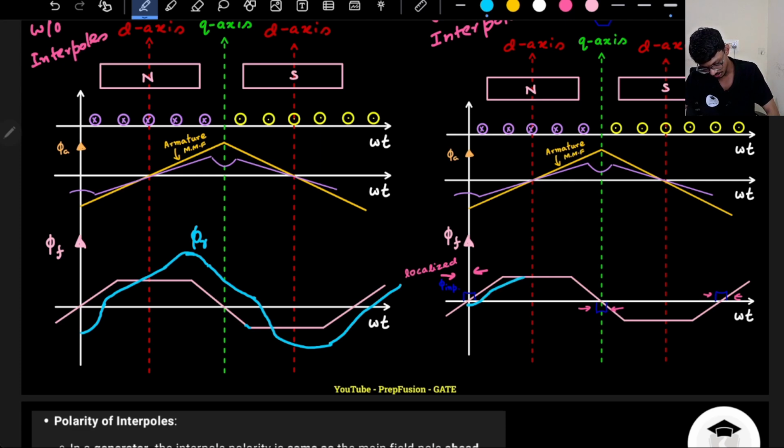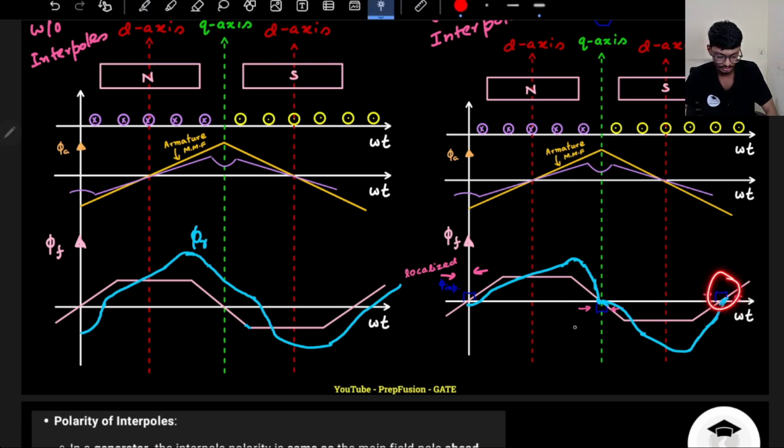Here I have a negative, so the peak value will be the same. As it goes down, it will go down very sharply, because suddenly there is a bit of negative flux. Our aim is to not change the zero crossing, so the peak value will try to reduce, there will be a sharp reduction, and the zero crossing will be the same as the previous zero crossing, because there are interpoles here.